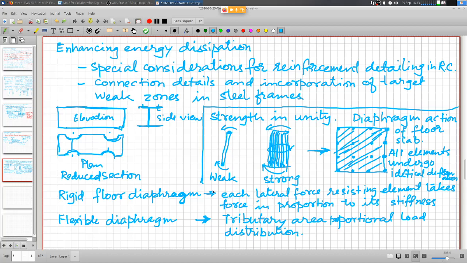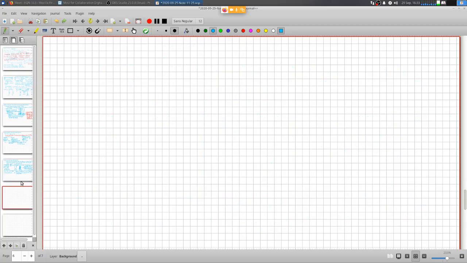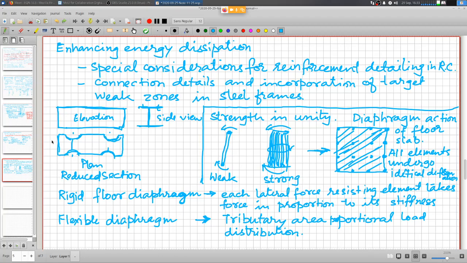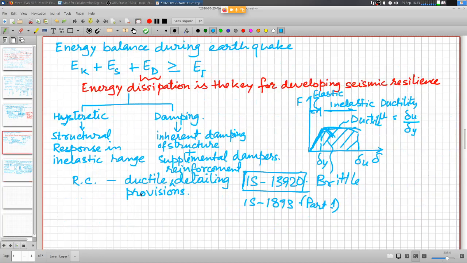And if it is a frame shear wall structure, then a lion's portion is taken up by the shear wall. Now coming back to the earlier discussion, I took a detour in between to discuss this diaphragm action. So energy dissipation is the key for developing seismic resilience in the structure.